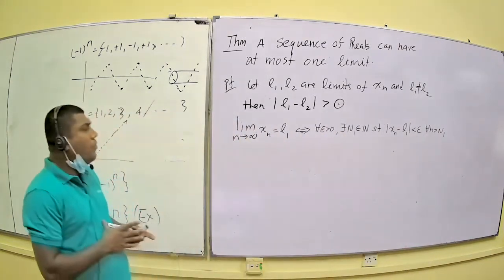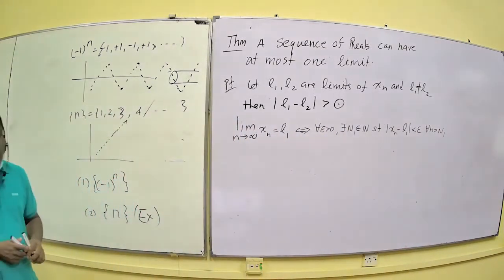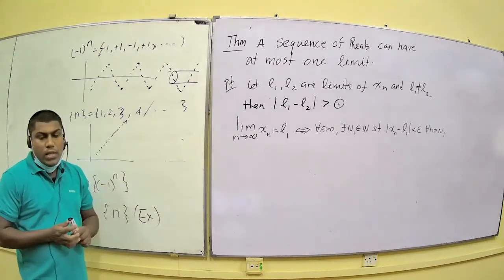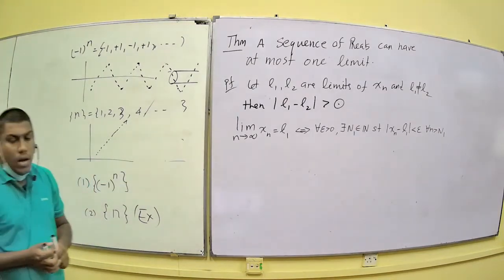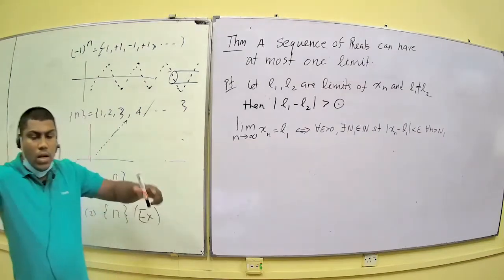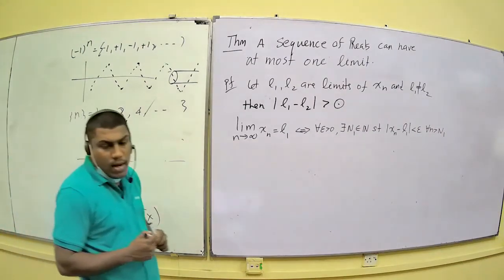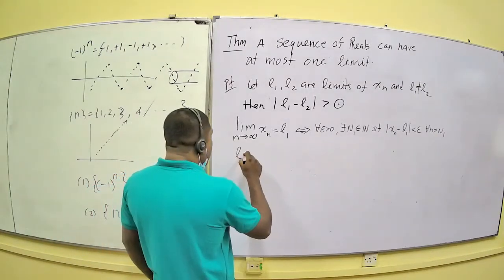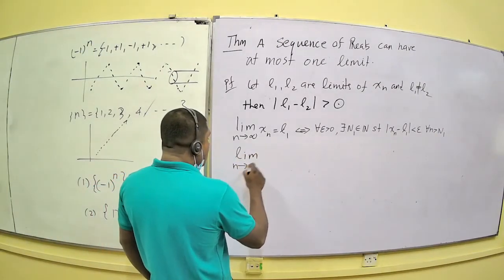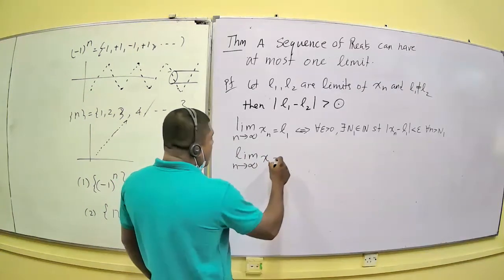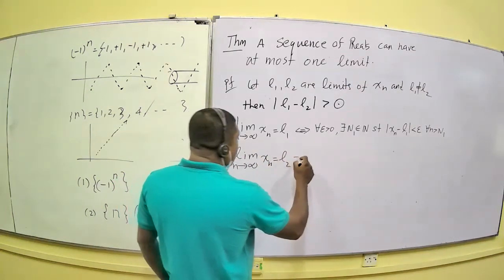Limit of xn is equal to L1 means, by the definition, for every epsilon positive, you have some n1 such that |xn − L1| < epsilon for all n greater than n1. Now for the other one, limit as n goes to infinity of xn is equal to L2.